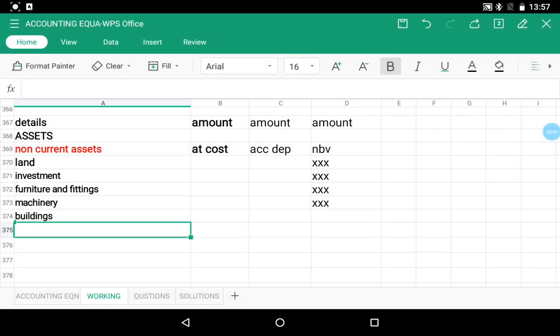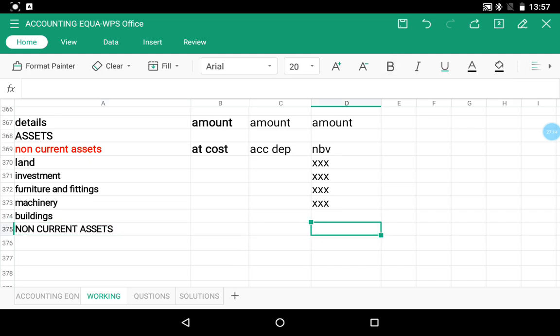So after you come and get your total assets, here you come and get total non-current assets.